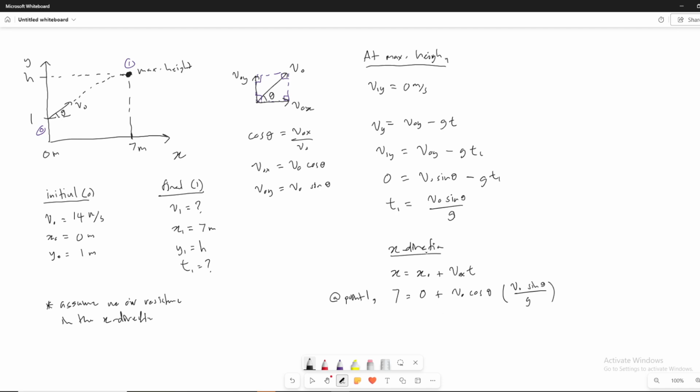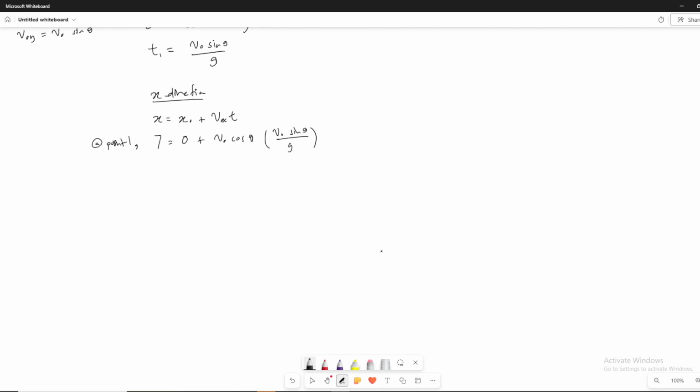From this equation, 7 equals V naught squared cos theta sin theta over g. So cos theta sin theta is 7g divided by V naught squared.